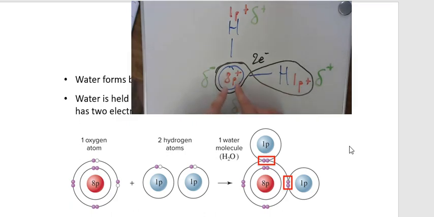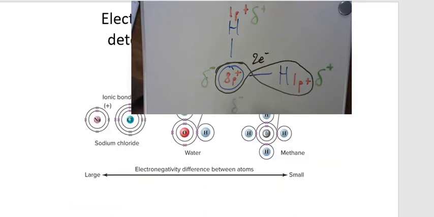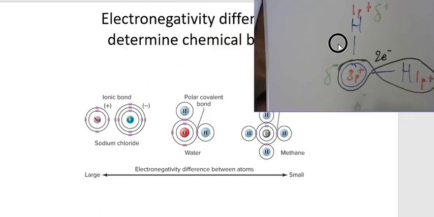And the higher the proton number, the more the attraction towards negative charges. So although those electrons are shared, it's not completely stolen, but it's spending more of its time around oxygen than it spends around hydrogen.